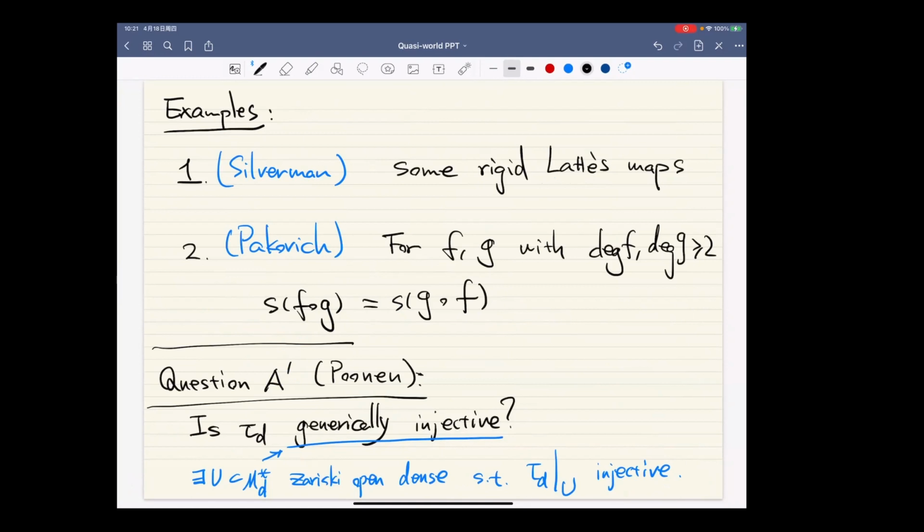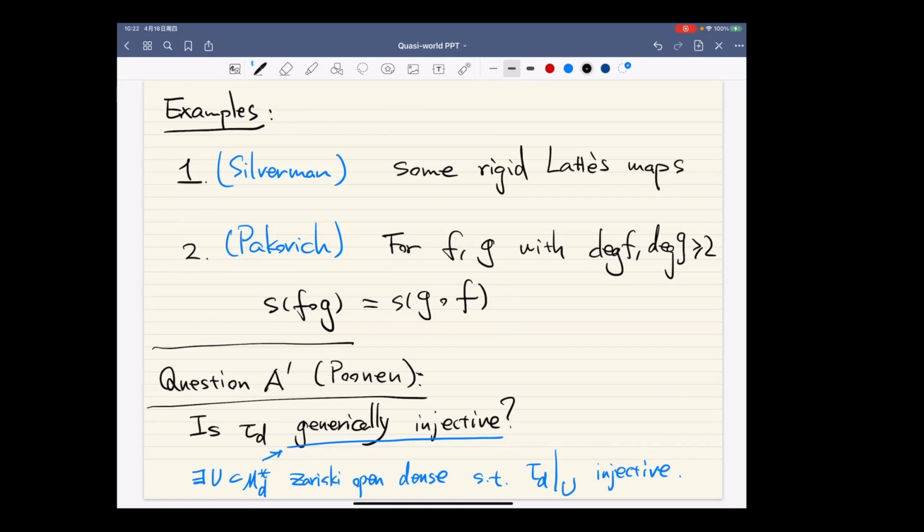He considered some rigid Lattès maps. Rigid Lattès maps come from some complex multiplication on some elliptic curve. But there are some elliptic curves which are different, but they have the same complex multiplication. And so if we descend this complex multiplication to a map on P^1, then you get two different rational maps.